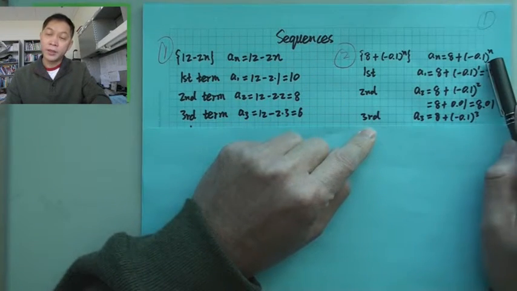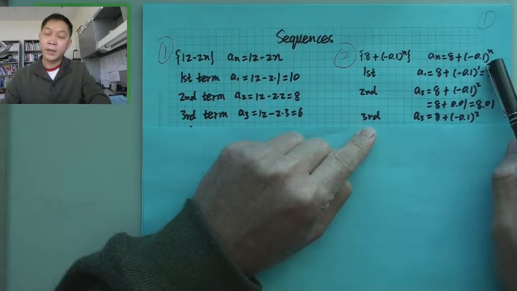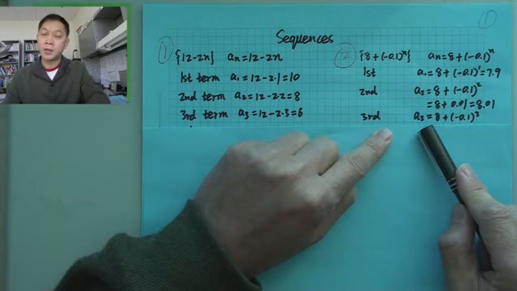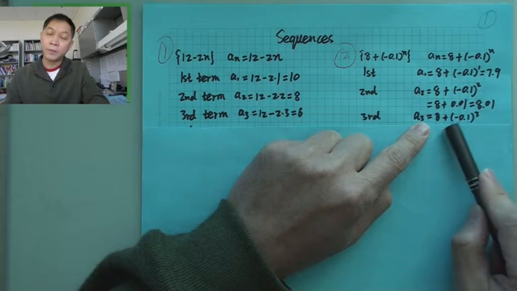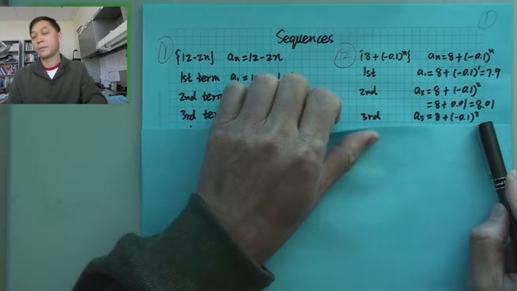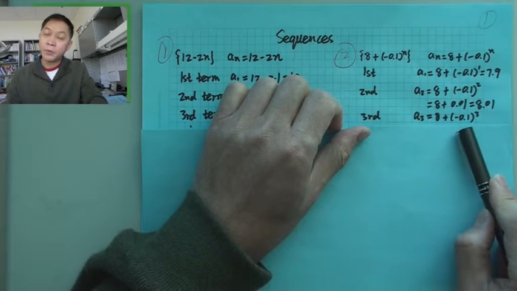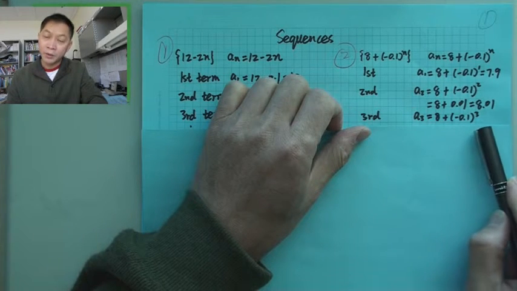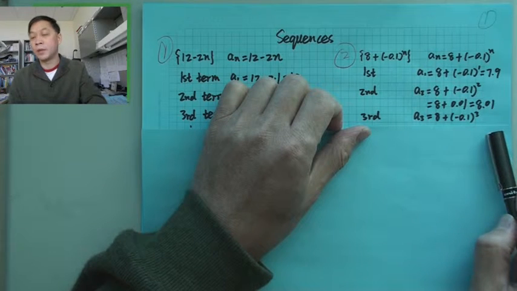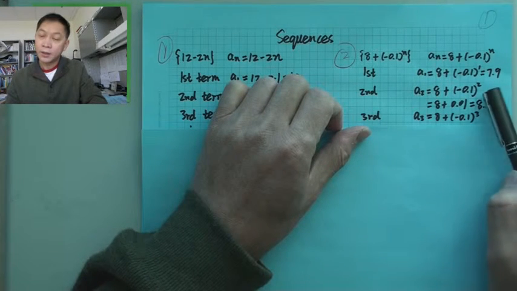The third term would be what? You plug in 3 here. Okay, a sub 3 is the third term. That's 8 plus negative 0.1 cubed. And we know negative 0.1 cubed is negative 0.1 times negative 0.1 times negative 0.1, 3 times.